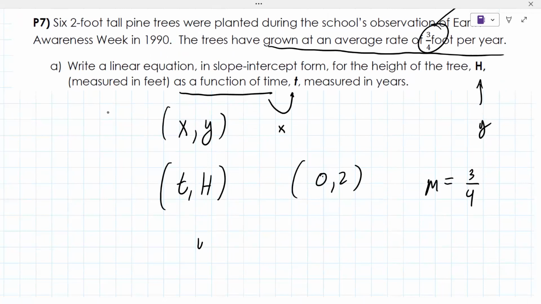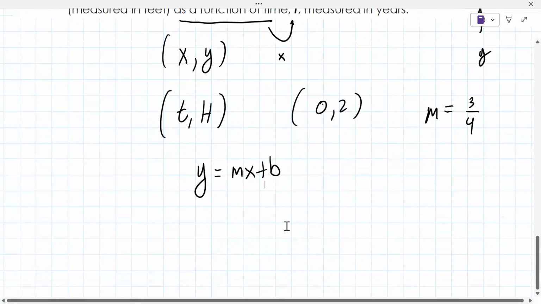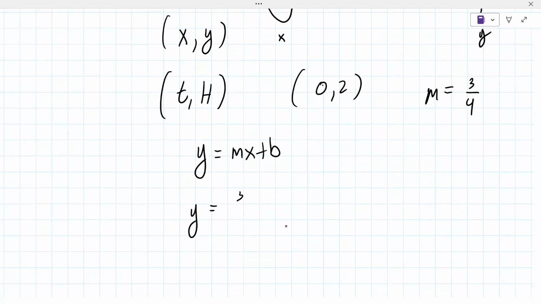So you would just go back to your y equals mx plus b, and then say, okay, well, what is m? M is 3/4. What is b? Well, again, it's 2 because they're giving the ordered pair 0, 2. So y equals 3/4 x plus 2.